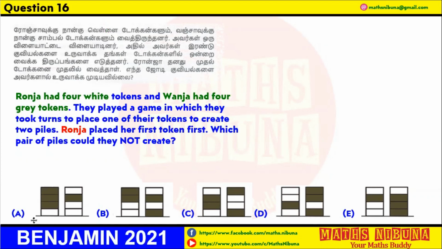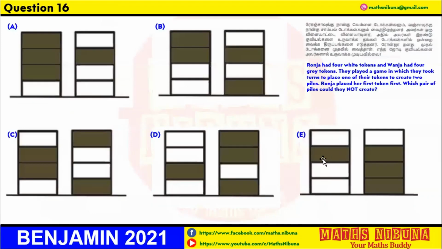Okay, that means when Ronja puts, we start with Ronja, and then Ronja and Wanja put one after another. So let's say we start with Ronja.